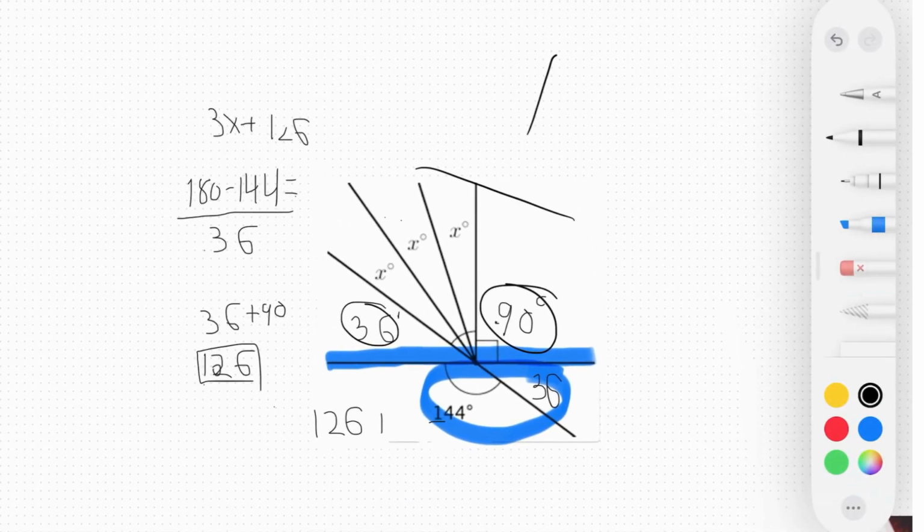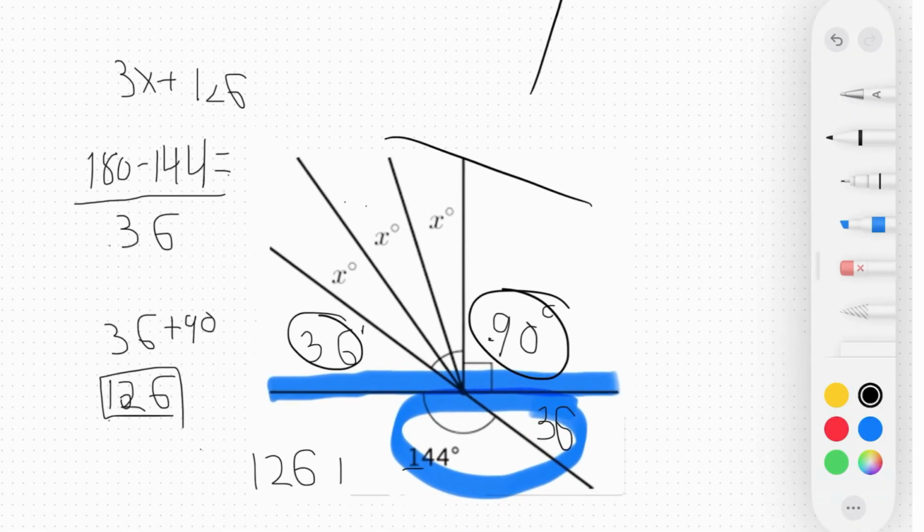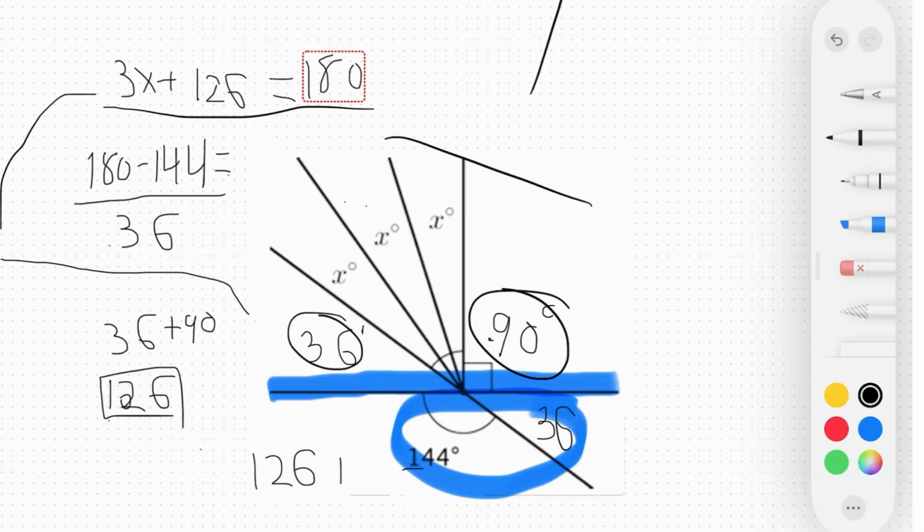So since we have 3x plus 126 equals 180, that's just our equation for this supplementary angle down here. So how far away is 126 from 180?